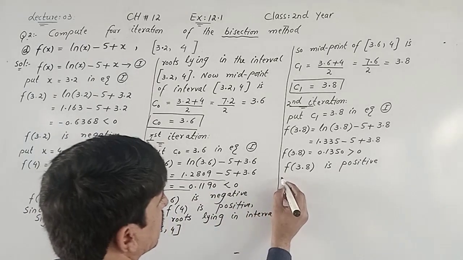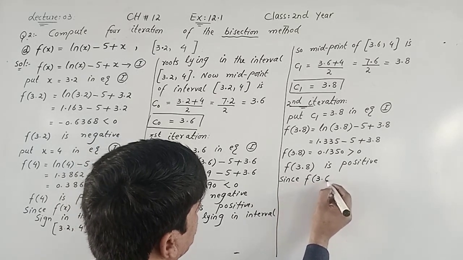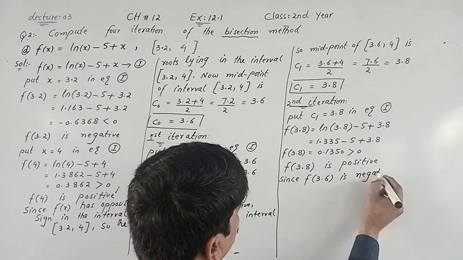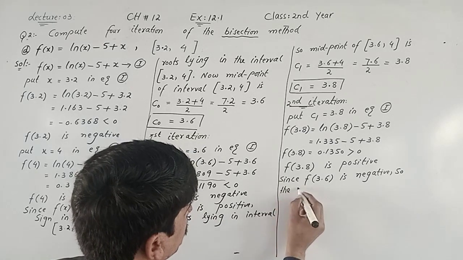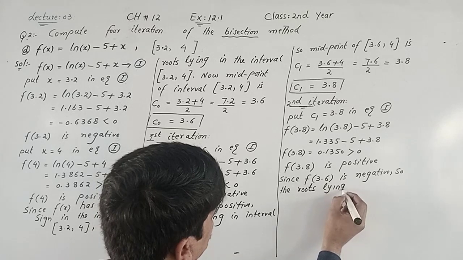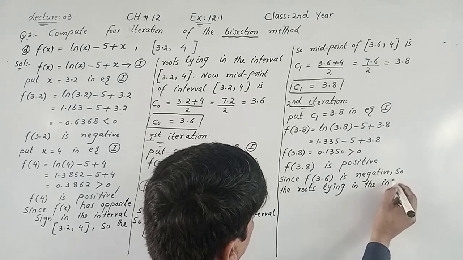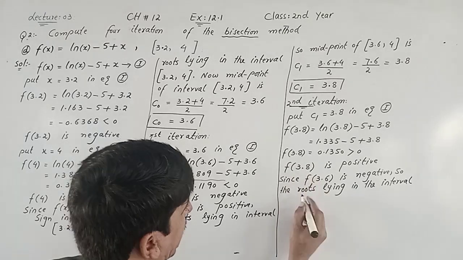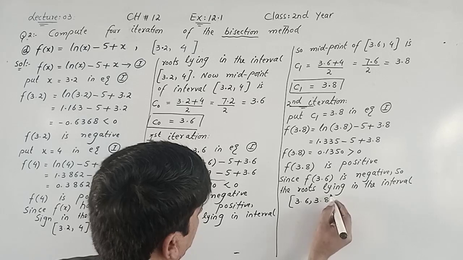Since f(3.6) is negative, so the root lies in the interval 3.6, 3.8.